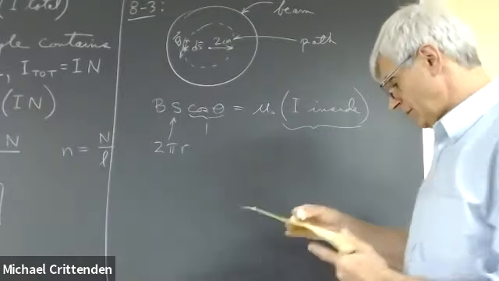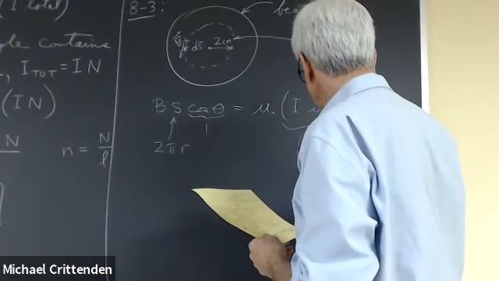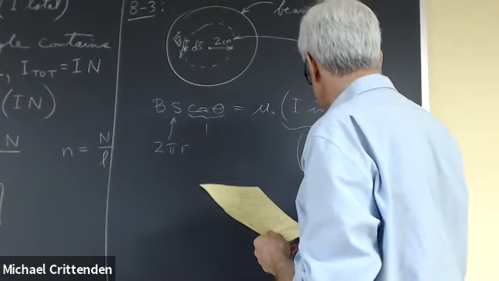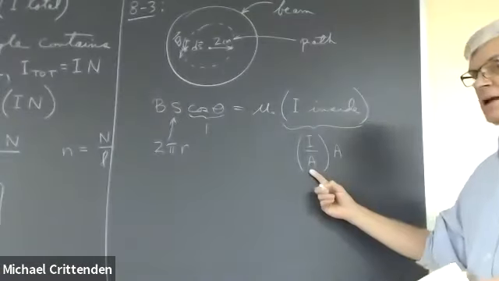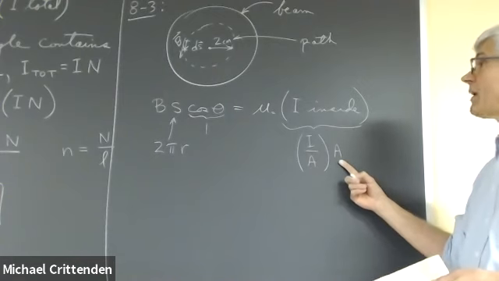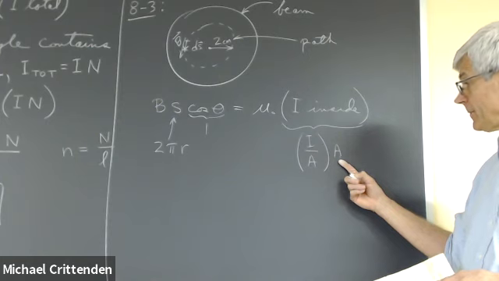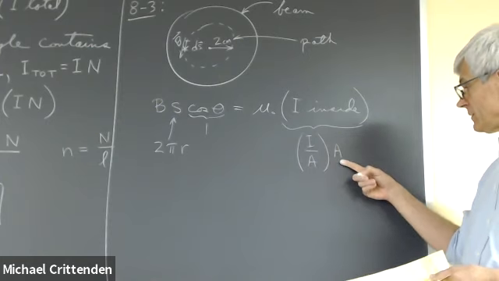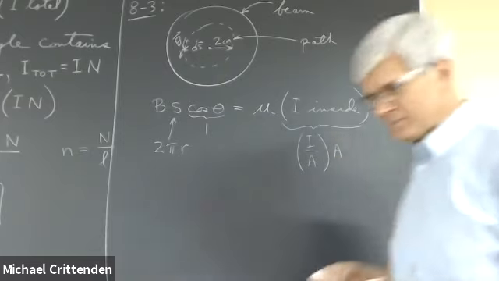And so if I look at the current density, how many amps per square meter are there, times how many square meters are included within the path, amps per square meter times square meters would give me amps.